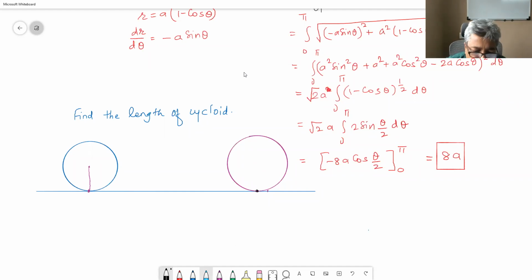Then what is the locus of that point? And you will find at the center it will be the opposite side of the diameter, and the locus is going to be something like this. This is a cycloid. Okay, so the radius of this circle is small a. So find the equation of the cycloid.